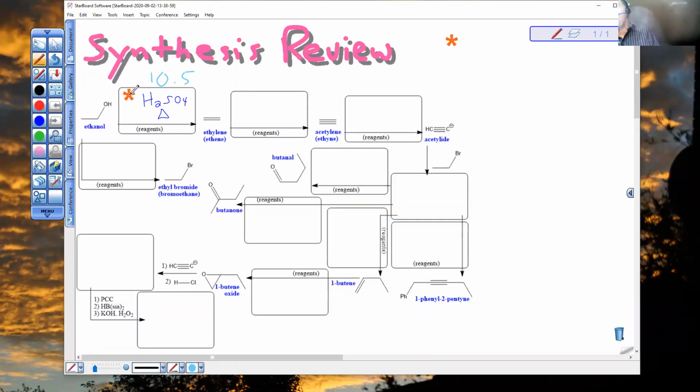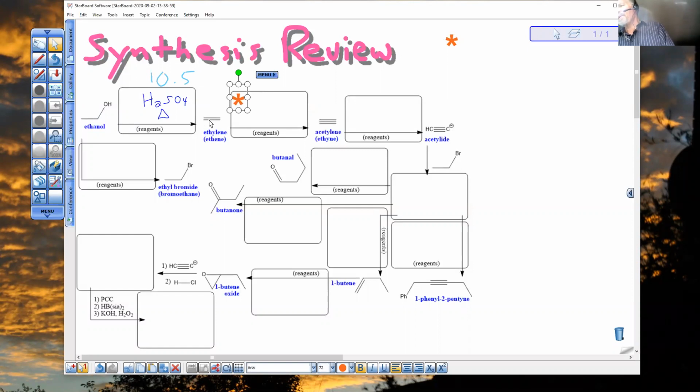And now we're going to talk about taking an alkene and treating it with chemicals to make it into an alkyne. This specific alkyne is acetylene, also known as ethyne. What happens there is we're going to replace H's on each end with a pi bond in the middle.